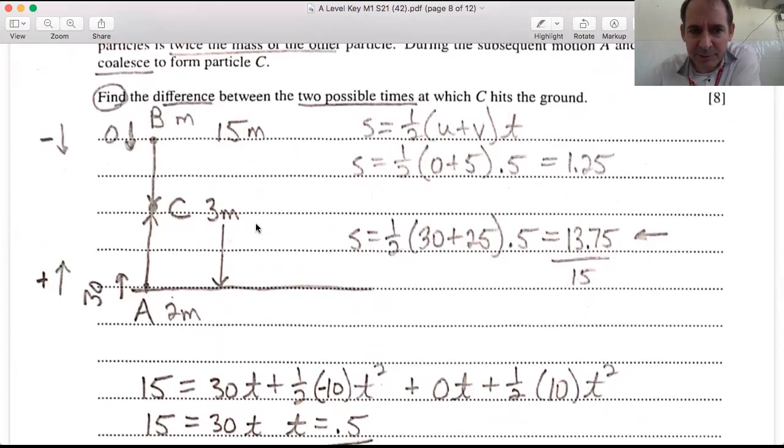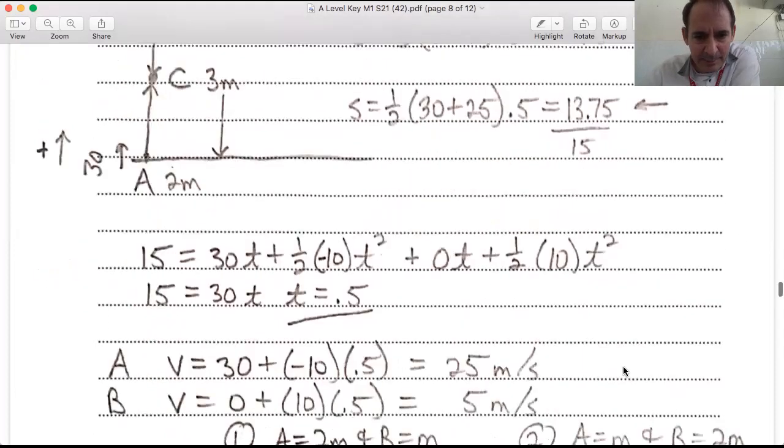Remember, this 3m is not meters, it's the combined mass. So this dot should be way up here if you're putting it to scale. B only falls 1.25 meters, A goes all the way up 13.75 meters. Just keep that in mind.